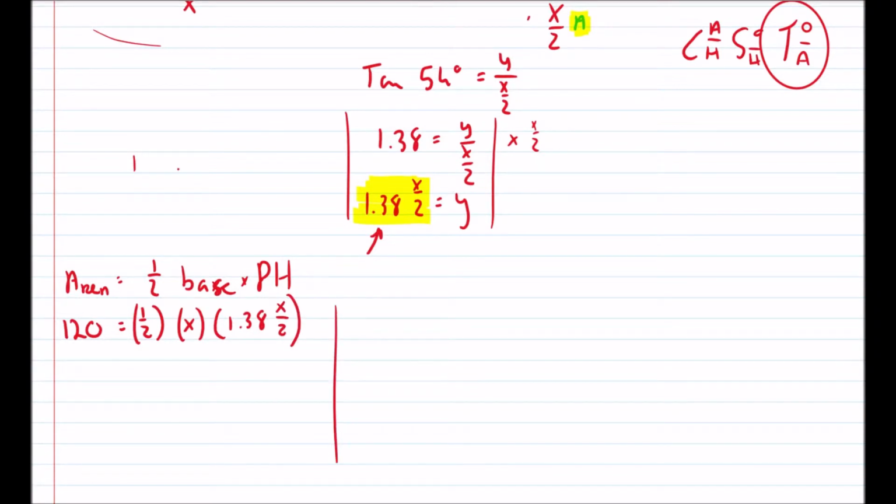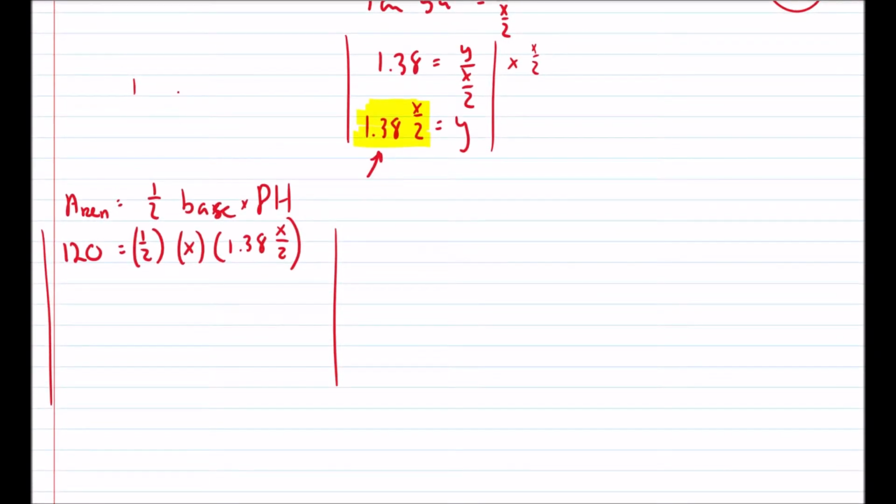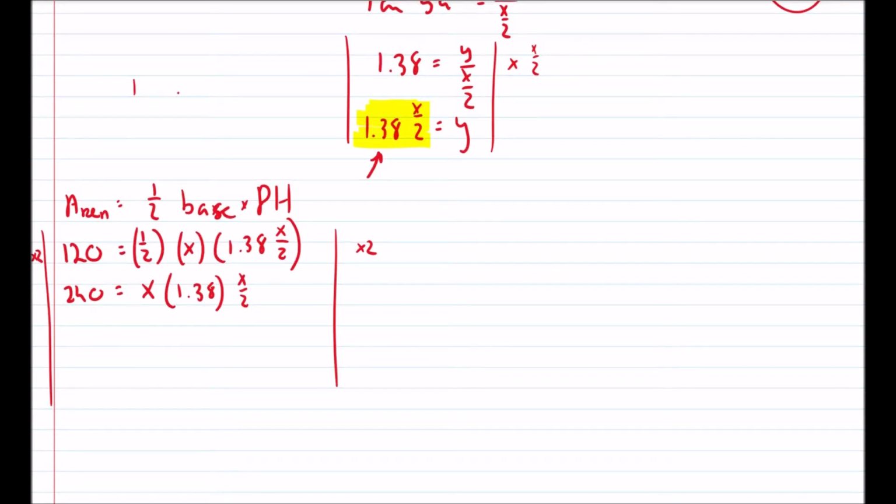And now we're just going to do a bit of algebra to see if we can find out what x is. So I want to get rid of the half and multiply by 2. Multiply by 2 on this side, I get 240 equals x multiplied by 1.38 x over 2. Multiply by 2 again, I get rid of this 2.